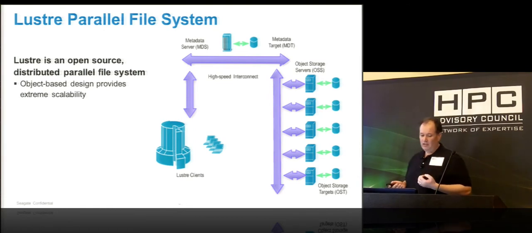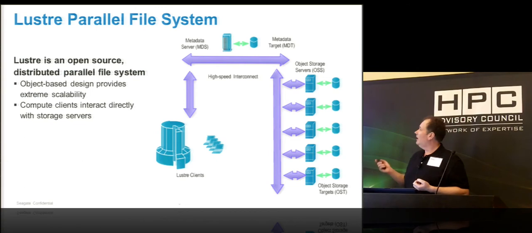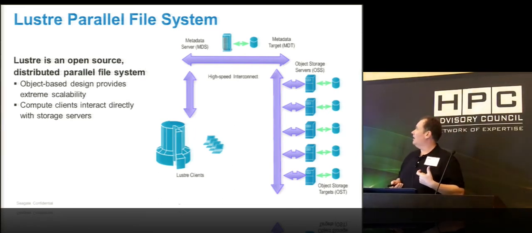And what that allows you to do is have communication directly between these clients and these storage servers, bypassing a middleman, a metadata server, for example, and you can get outstanding bandwidth performance by doing this.